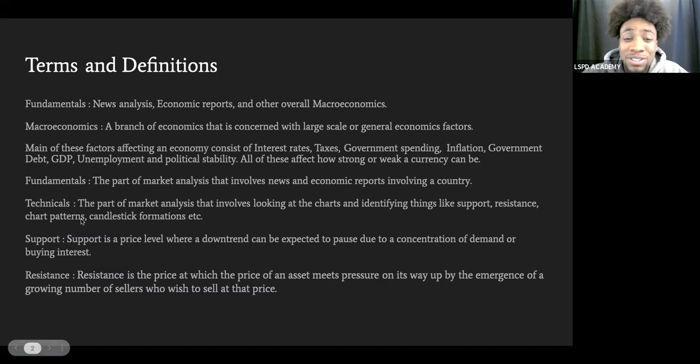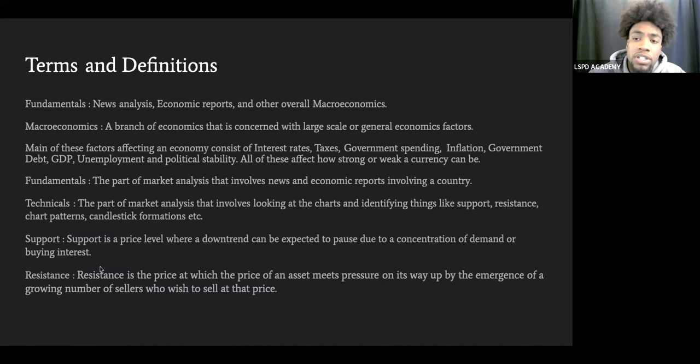So technicals. Technicals is the part of analysis that involves looking at the charts and identifying things like support, resistance, chart patterns, candlestick formations, different things like that that are involved in looking at the chart specifically, right? So support is a price level where a downtrend can be expected to pause due to concentration of demand or buying interest.